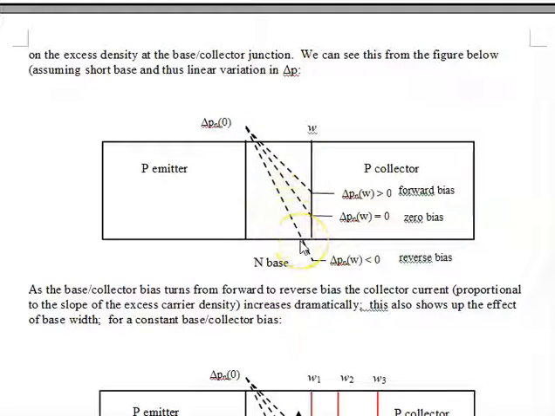Which one gives us bigger current? The current depends on the slope. This will give a small current. In fact, if it was horizontal, there would be no current. That is in the saturation mode. So this will give a much higher current in reverse bias than this one, which is representative of forward bias.